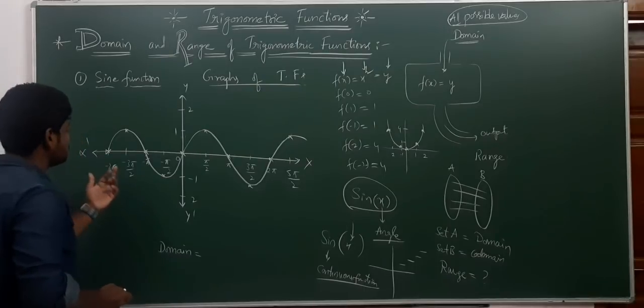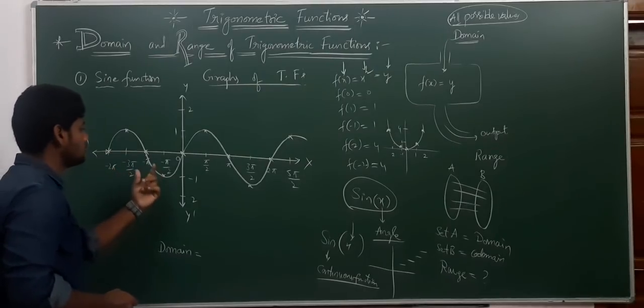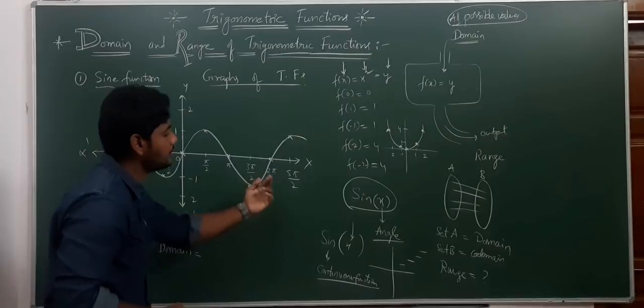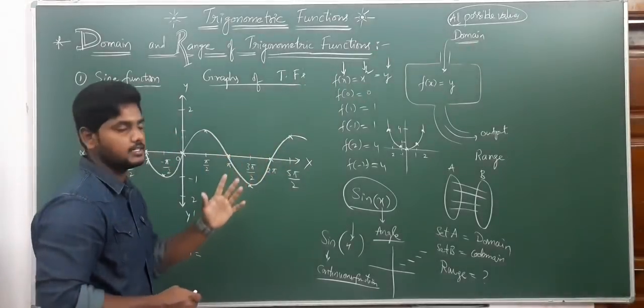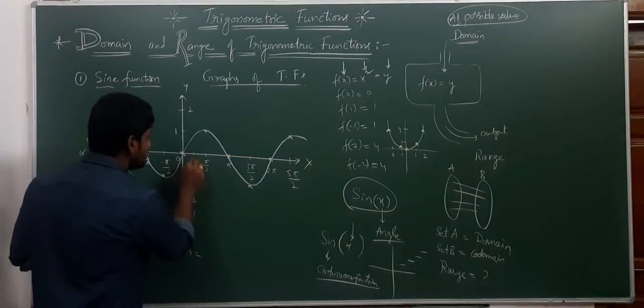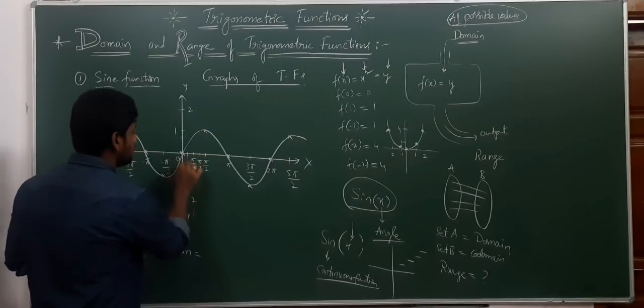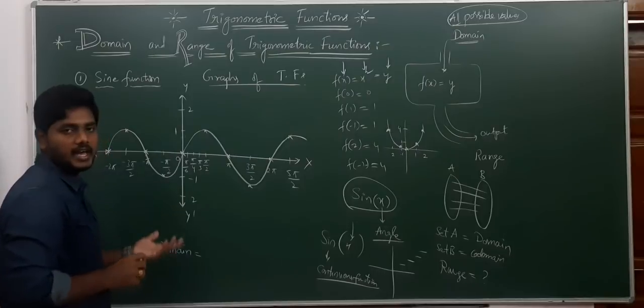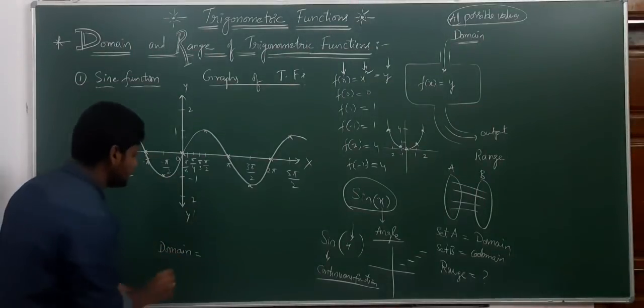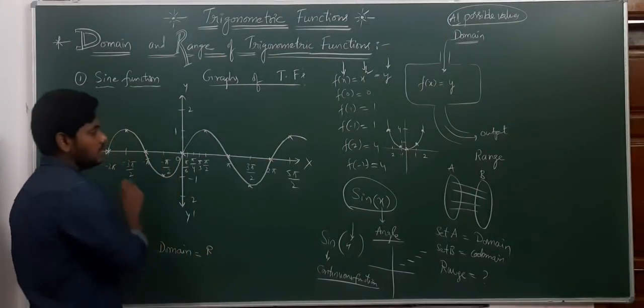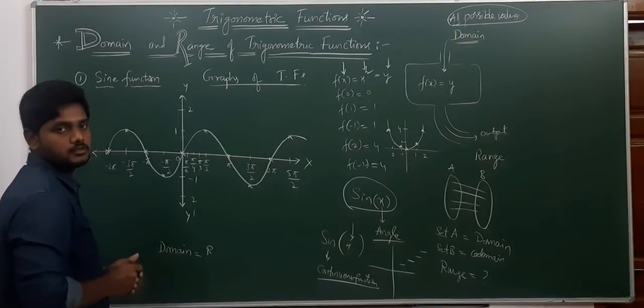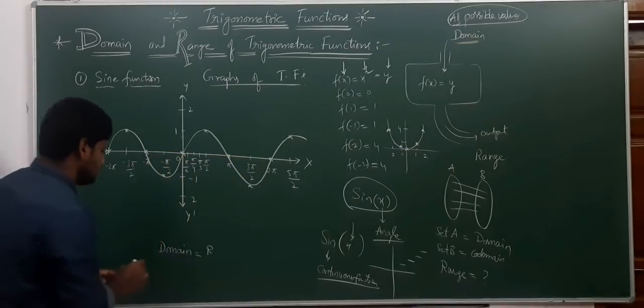We can put minus 2 pi, minus 3 pi by 2, minus pi by 2, 0, pi by 2, pi, 3 pi by 2, 2 pi, 5 pi by 2, and so on. And also we can put pi by 4, pi by 3, pi by 6, and we will get values. So domain is nothing but the real numbers. Any real number you can substitute, in terms of radians.